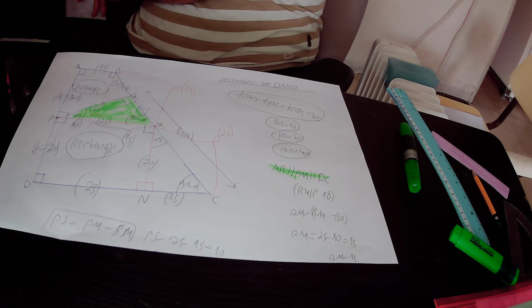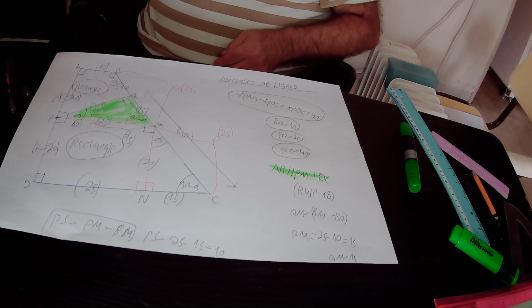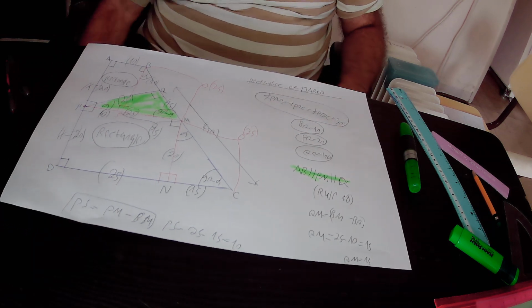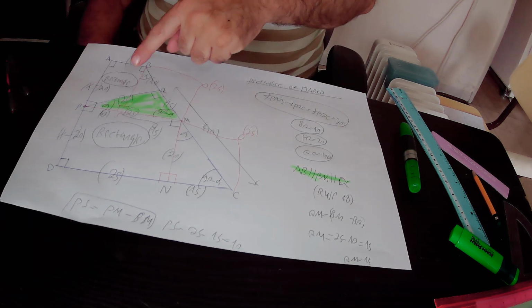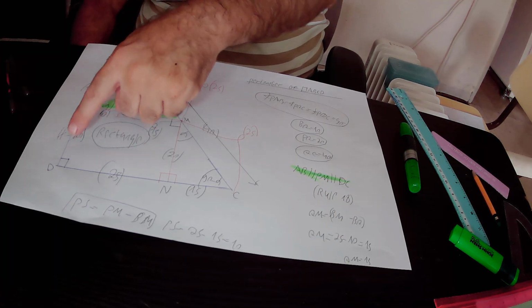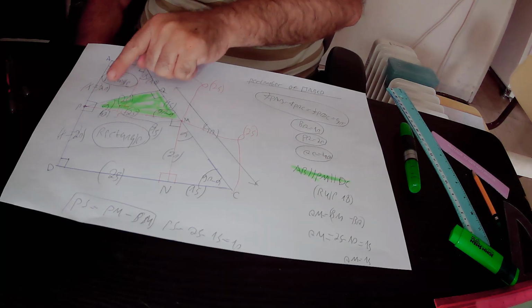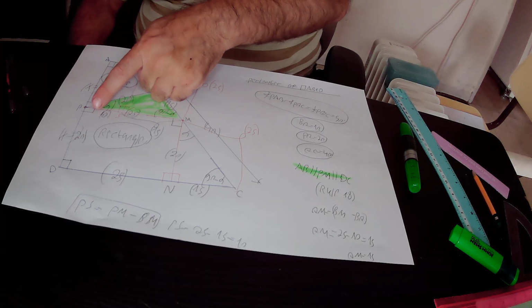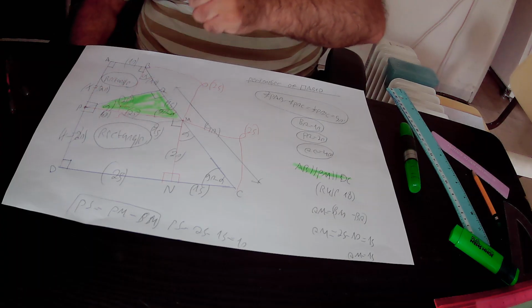So in the first step, we did the construction. That is to say, we draw a perpendicular on AD at point P. Again, we draw a perpendicular on side AD at point P. So this angle equals 90 degrees, and this angle also equals 90 degrees according to our construction.